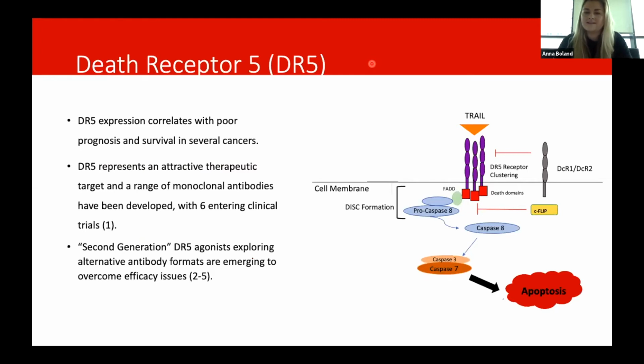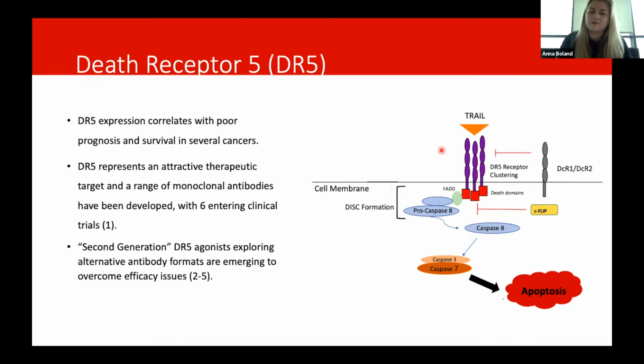So to start, I know people don't always like saying these pathways, but death receptor 5 or DR5 is our first target of interest in this dual targeting approach. Just for those of you who maybe wouldn't be familiar, DR5 is the starting point of the extrinsic apoptotic pathway. So it's here. Apoptotic signaling is triggered by the oligomerization of the receptors induced by the binding of its exogenous ligand TRAIL.